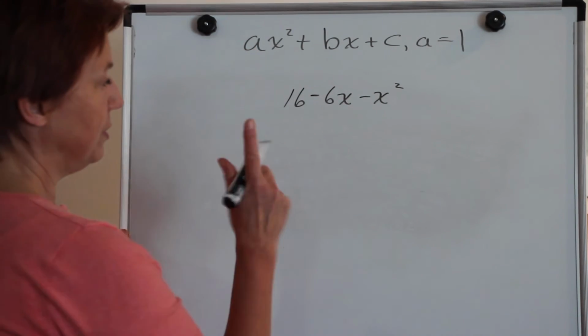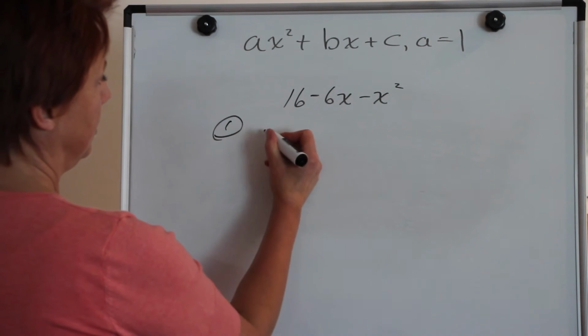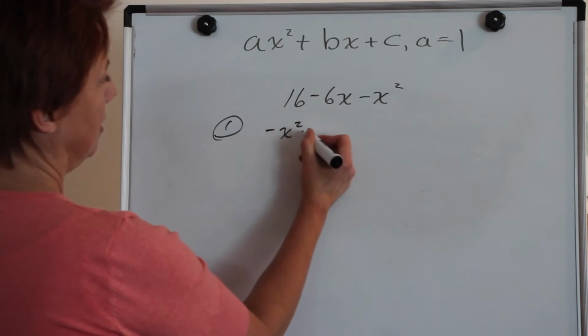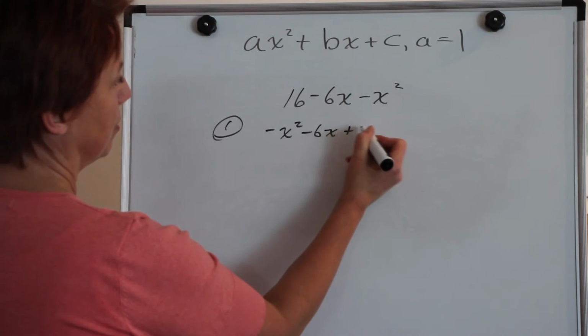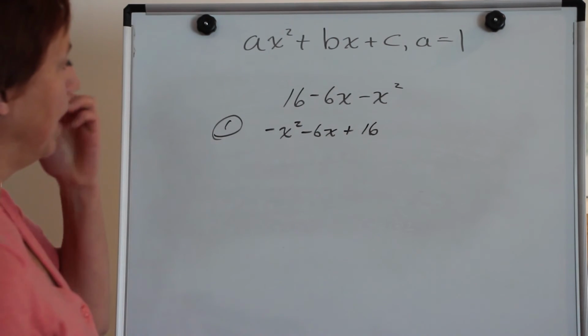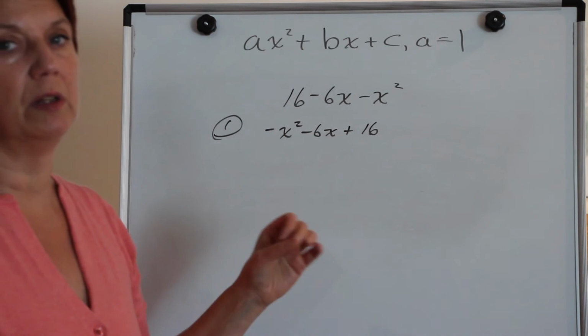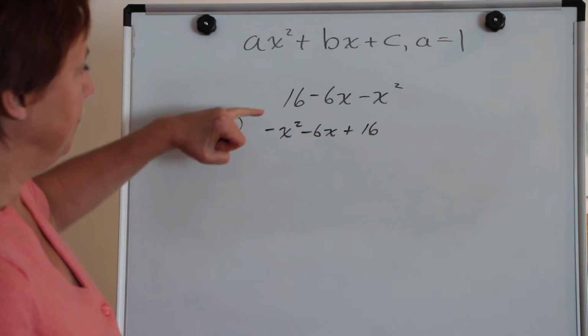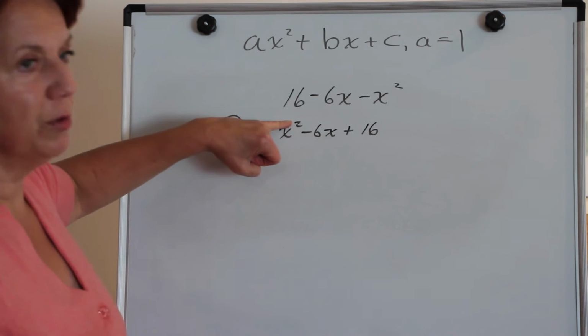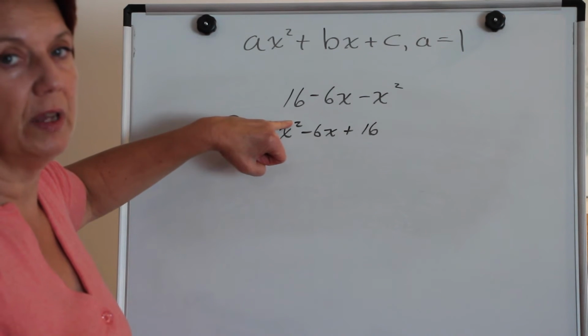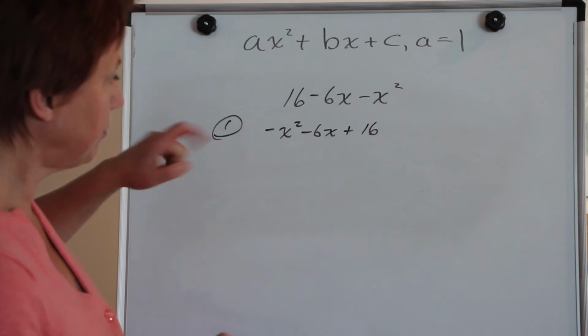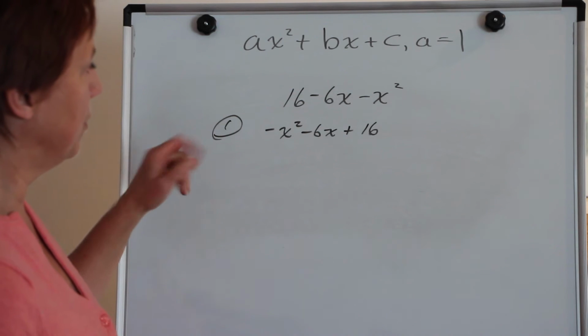So the first thing we do, step number 1, is to rewrite it in what we call descending order of power, all right? What I mean by that is that this is a polynomial of power 2, because the 2 is the highest power in any of the variables. So this is the correct order.